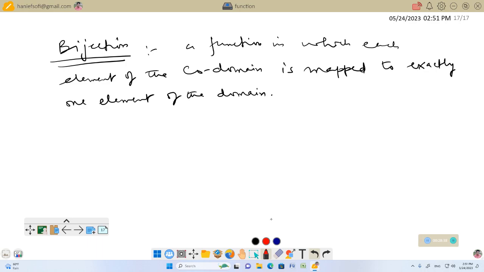Okay, so this is the definition. If there is a function in which each element of the codomain is mapped to exactly one element of the domain, then this function is called bijective or one-to-one and onto.